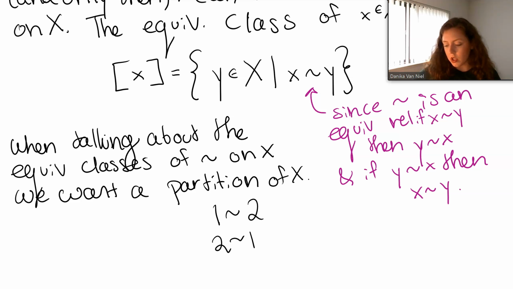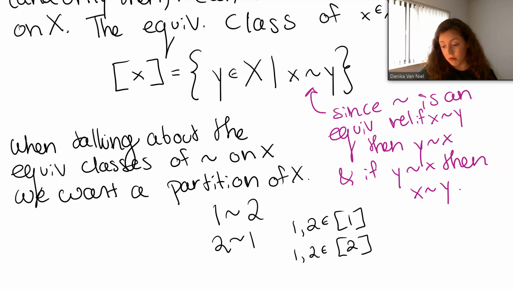So 2 is going to be an element of this class, and 1 and 2 are both in the equivalence class of 2. If these were the same thing, I don't want to list a bunch of the same thing. This is just a quick and messy example.